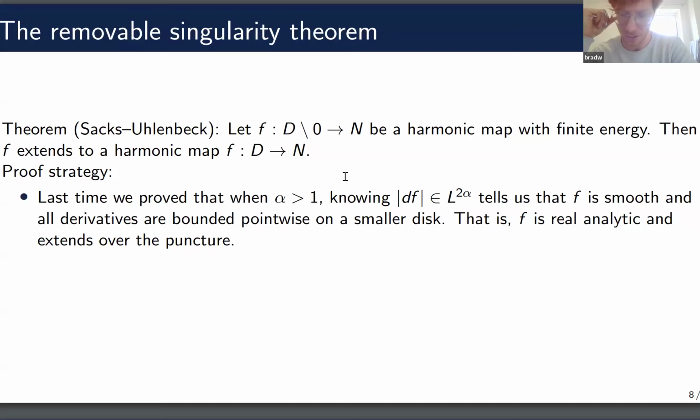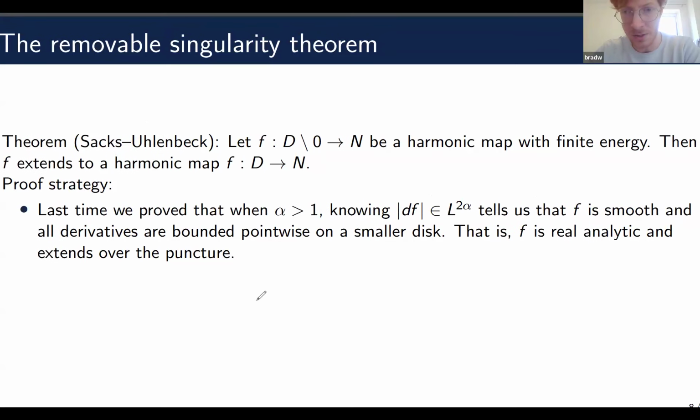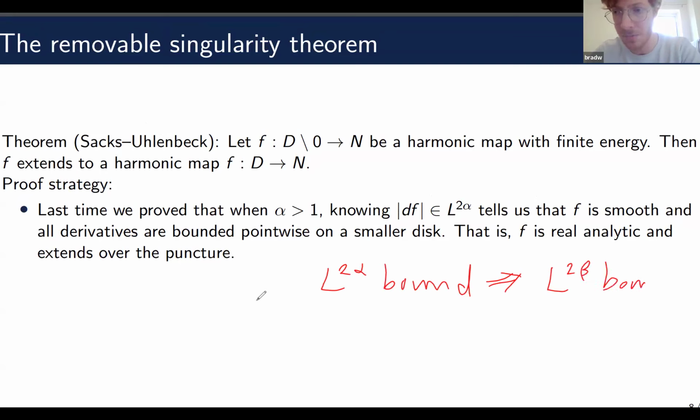And roughly the proof went like this. I'll just sketch it quickly. So we showed that an L2 alpha bound implied an L2 beta bound for beta slightly larger than alpha, whenever alpha is between 1 and 2.